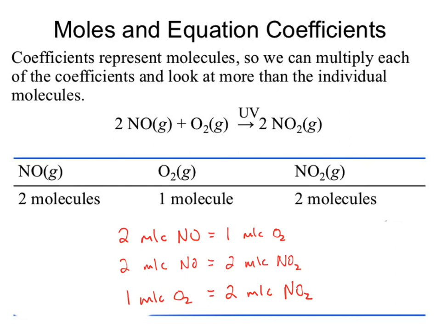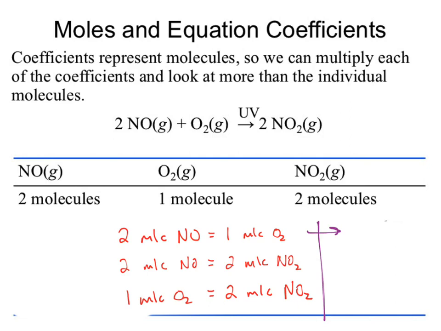So how could I go through and use one of those? Let's pick the top one. How could I convert that top equality into something useful? Not moles, not even grams. Because right now as an equality that isn't useful. As an equality it doesn't fit in our standard conversion process, right?